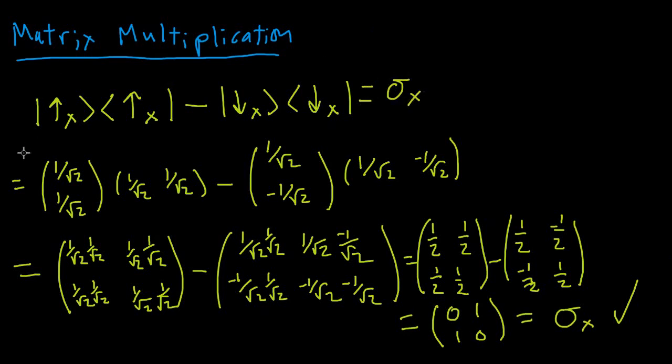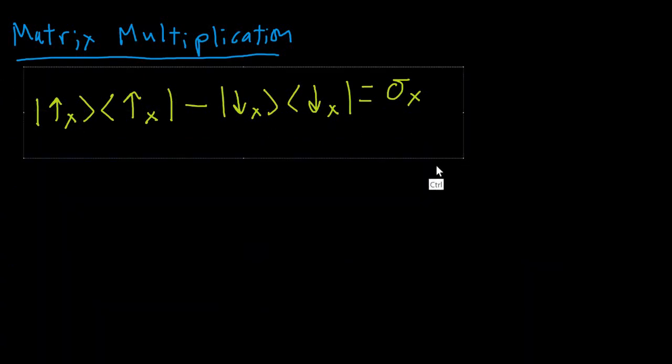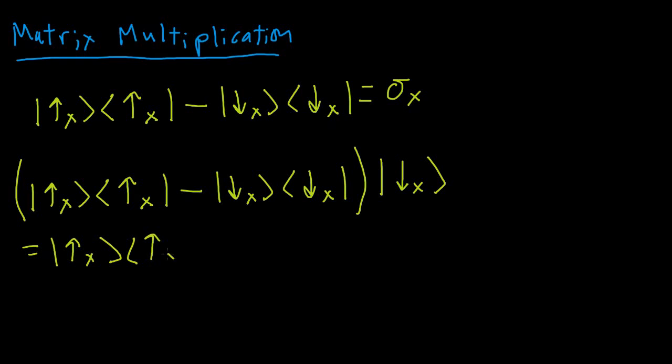But actually, if you think about it a little harder, it makes perfect sense. Because if you were to just take this thing, right? And you were to put, for instance, the spin down state in the x direction right here, right? This would equal the following thing.